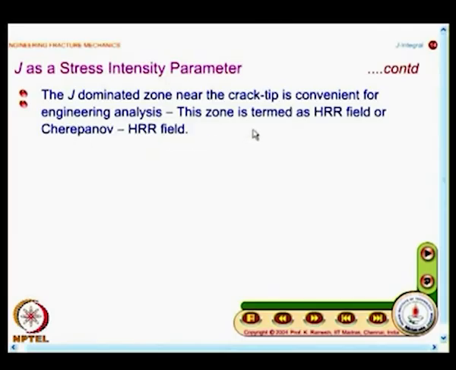That is because of Hutchinson, Rice and Rosengren, you have this HRR. Later Cherepanov also arrived at similar relations. So, in order to give credit to all these investigators, people call it the HRR field or Cherepanov HRR field, but it is famously known as the HRR field.